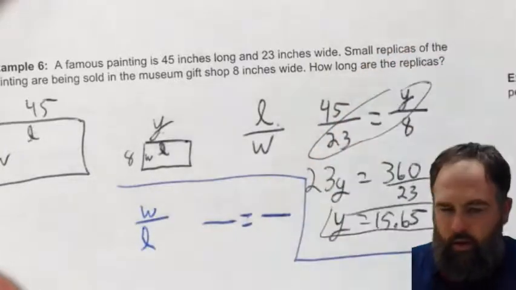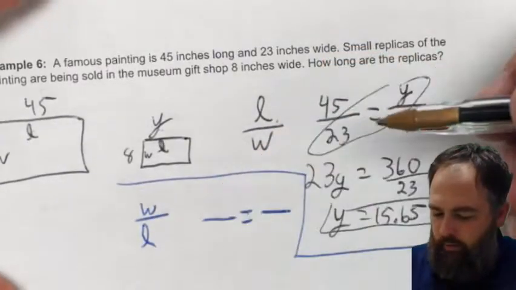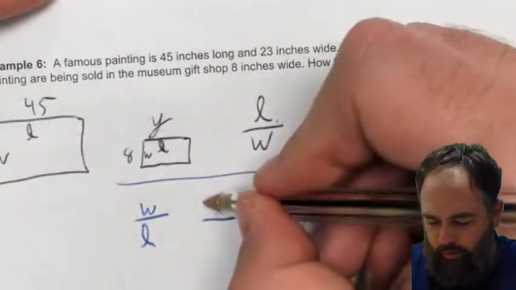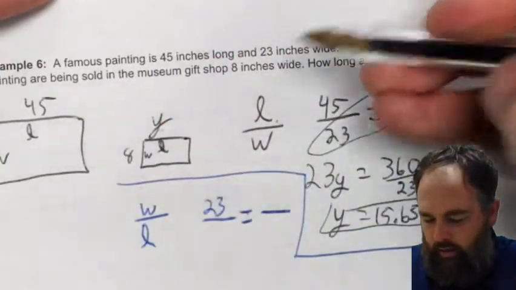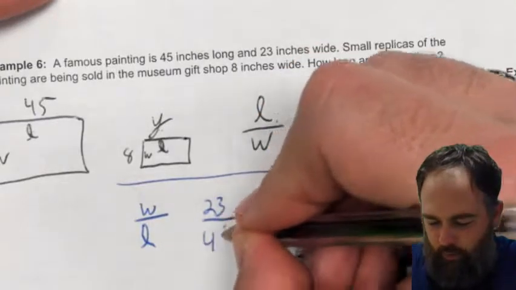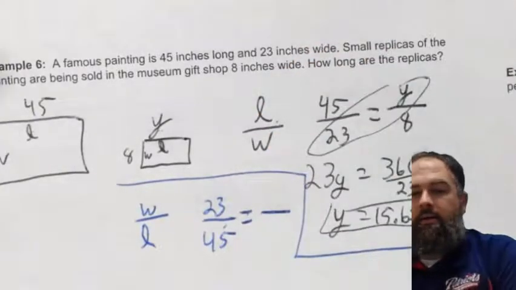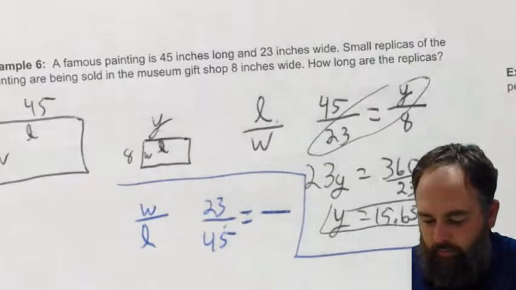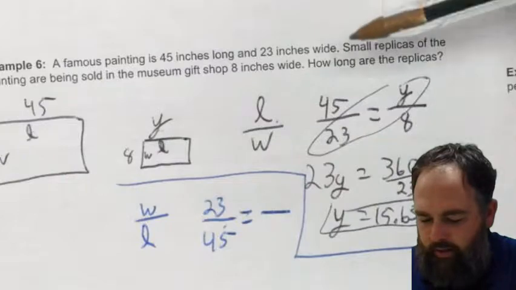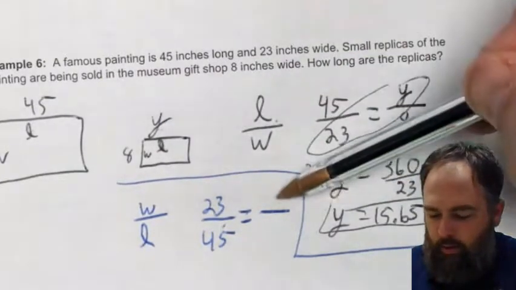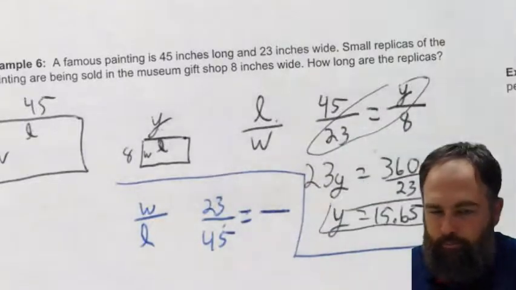So, width over length would mean that my first one, the width is 23 and the length is 45. And now for your second question of the ed puzzle is, where is the y going to go? Is this y going to go on top or on bottom?